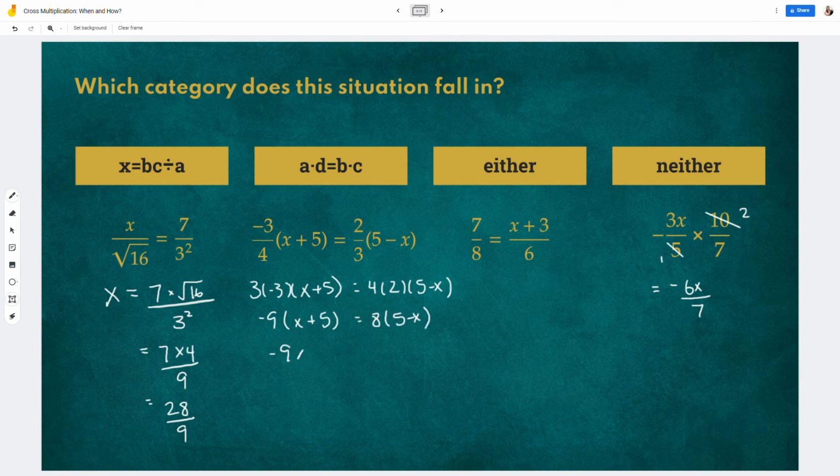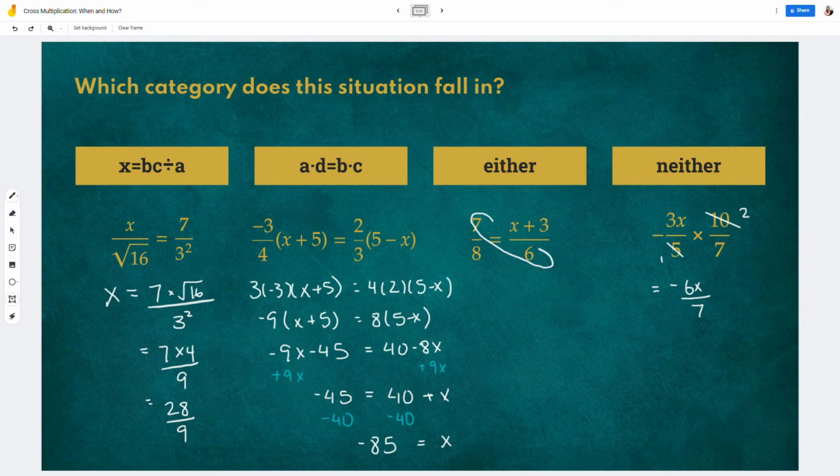You remember to distribute the -9, distribute the 8. Gather all of the x's on one side of the equation by adding 9x to both sides. Gather all the numbers on the other side of the equation by subtracting 40 from both sides.